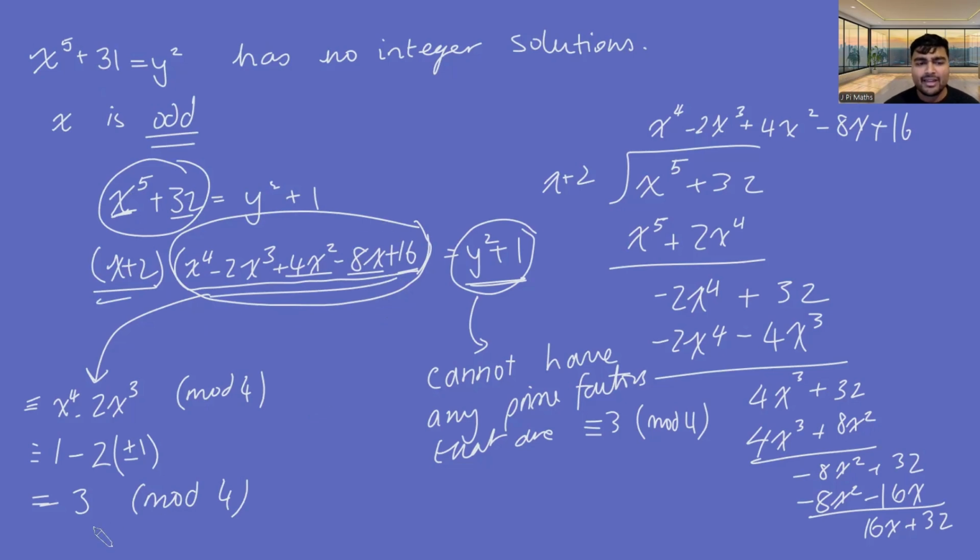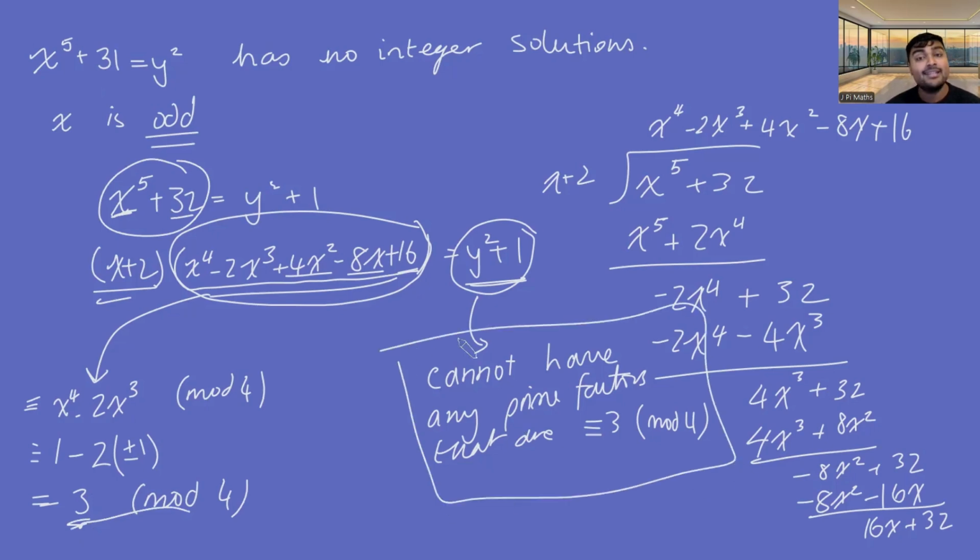So this is odd, and if it's congruent to 3 mod 4, its prime factors cannot all be 1 mod 4. Because if they were all 1, then this thing would multiply and be 1 mod 4. But it's 3 mod 4, which means it has to have at least one prime factor, or in particular, an odd number of prime factors, which are 3 mod 4. But this contradicts the earlier fact. Hence, we have no integer solutions to this equation.